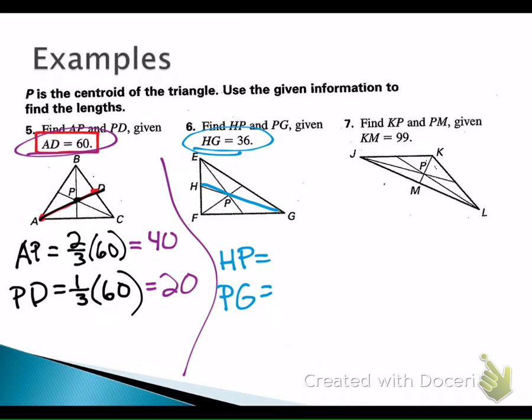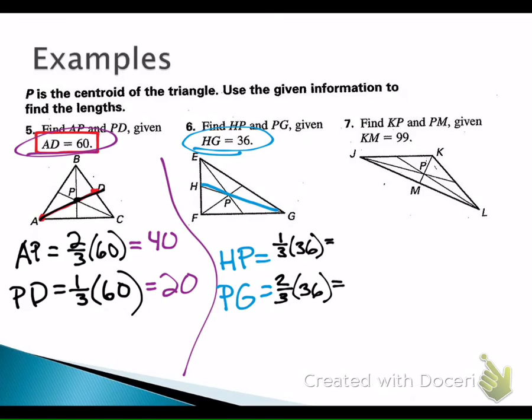PG is the longer one. Yeah, the one that touches the angle is the longer one. Or you can kind of just tell from the diagram, right? This guy or this guy. So the longer one, what fraction am I going to use? 2/3. So 2/3 times 36. The shorter one is 1/3 times 36.